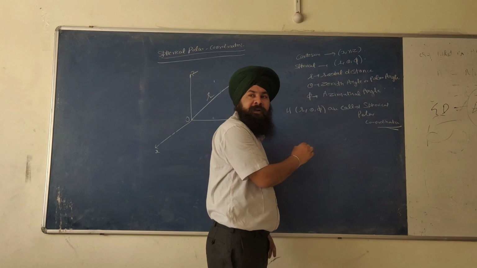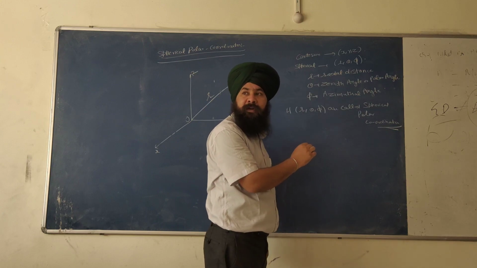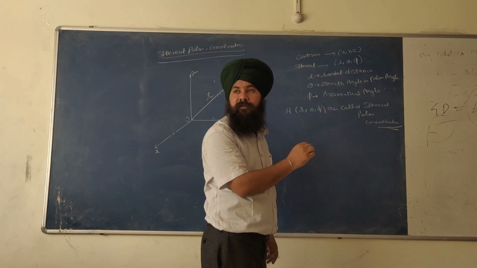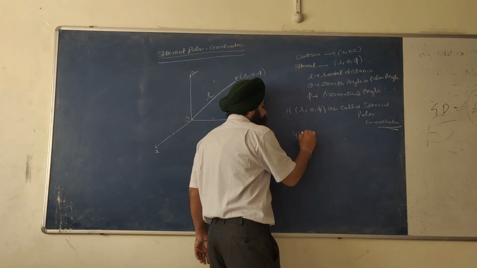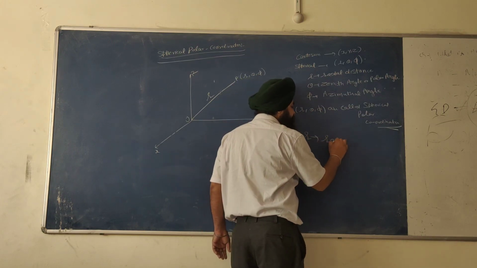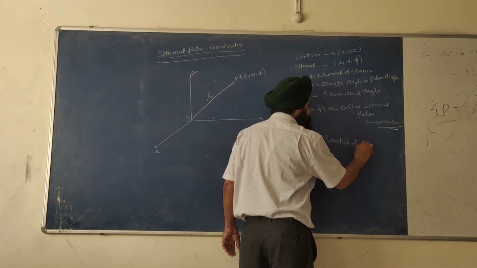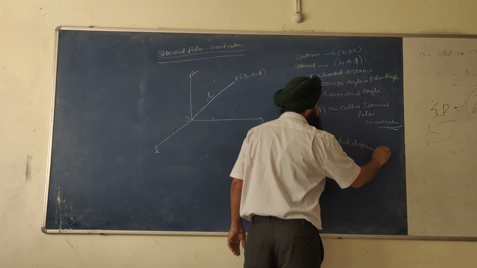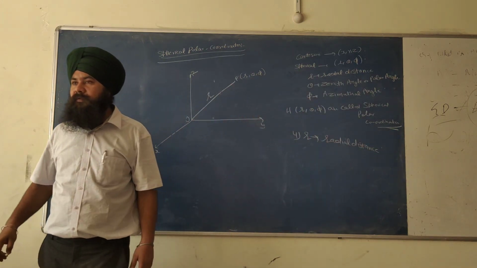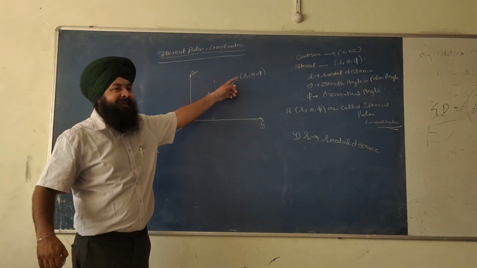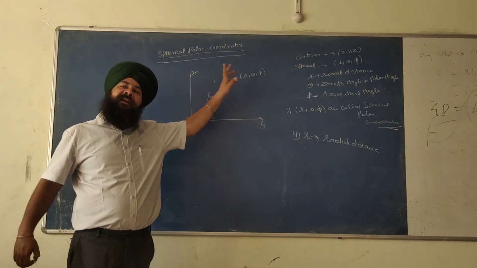Next point, what is point number 4? R is the radial distance. Point P is characterized by the 3 coordinates r, theta and phi.